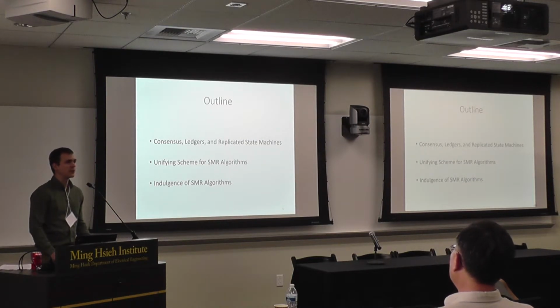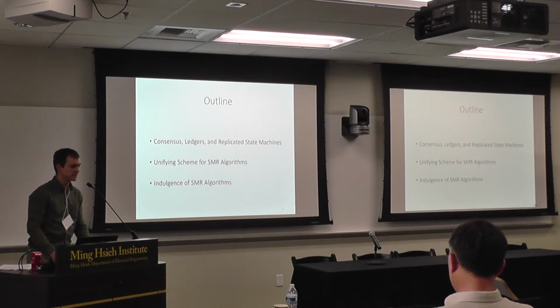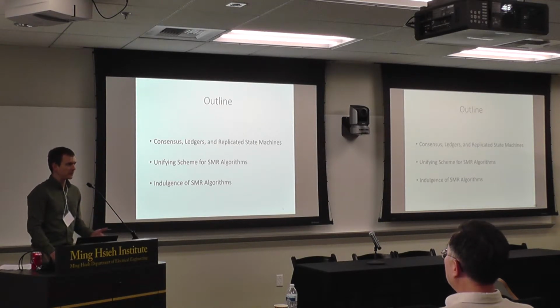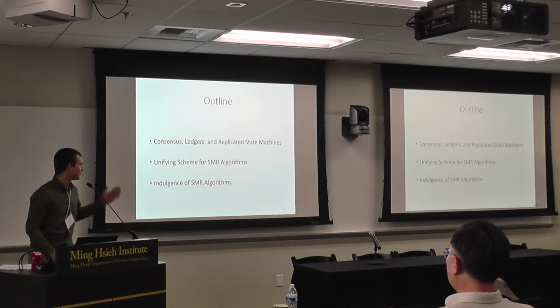So in the rest of my talk, first I will give a brief recap on what consensus is, how it is distributed, and how it is related to ledgers and replicated state machines. Then I will propose a unifying scheme of how most of these protocols work in order to be able to compare them, and I will describe 4 very simple steps that most of these protocols follow.